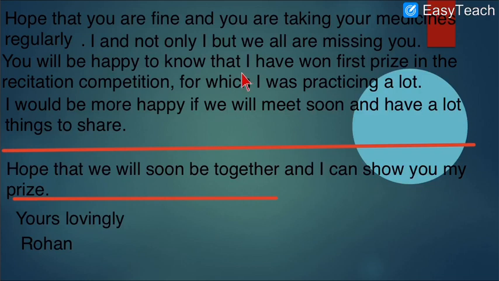Then the message. I taught you how you have to write the main message. Not directly can you include the message. You have to first ask them how they are. You have to show some concern. Then you have to end it and then write the complimentary closure. Wasn't it easy, students? Letter writing in fact is very easy. People feel, oh, how hard it is.